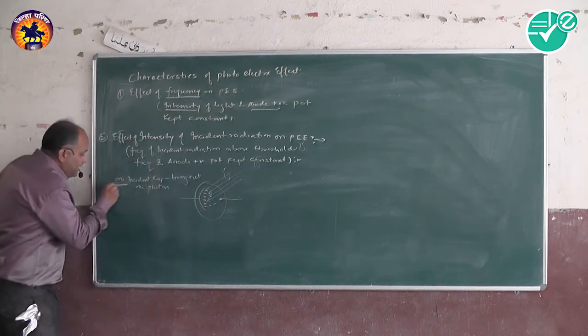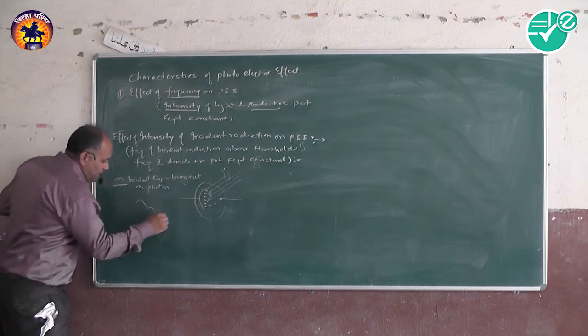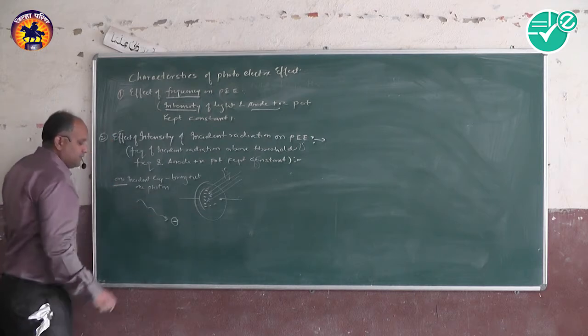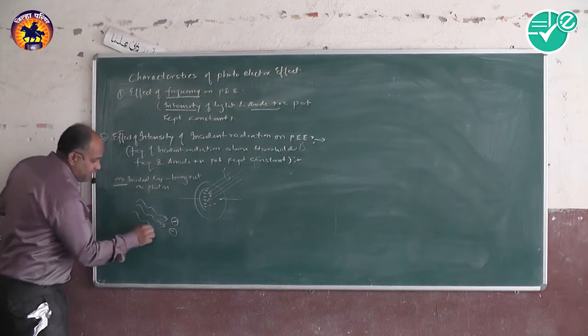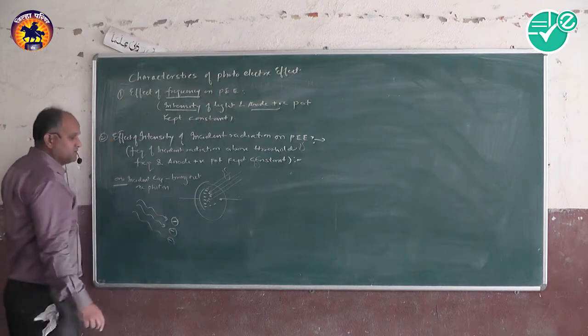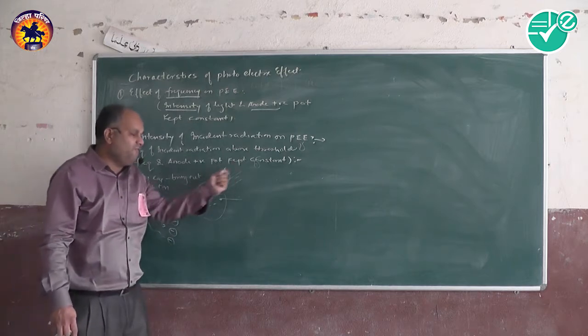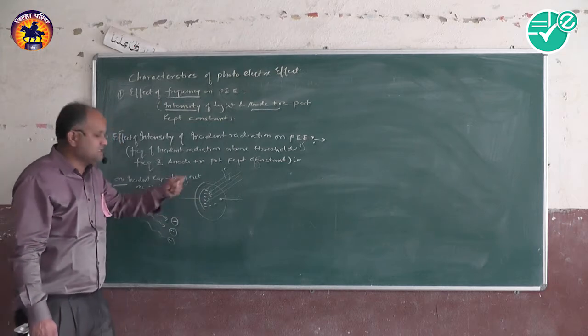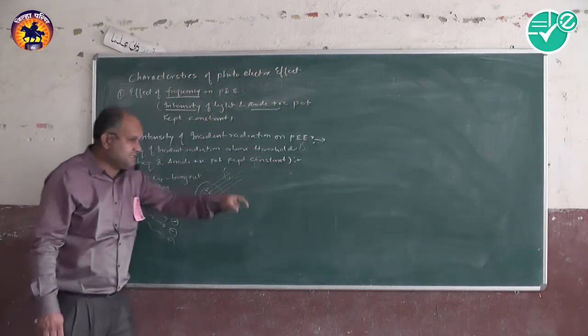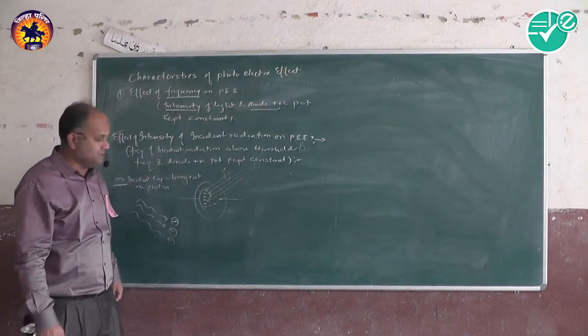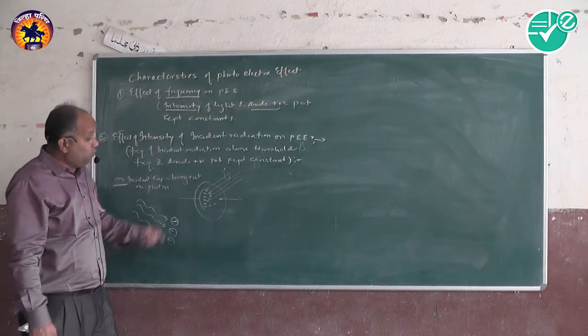So one radiation means one electron, two radiations mean two electrons, three radiations mean three electrons. So as the number of waves incident onto the cathode surface increases, the number of electrons emitted also continues to increase.